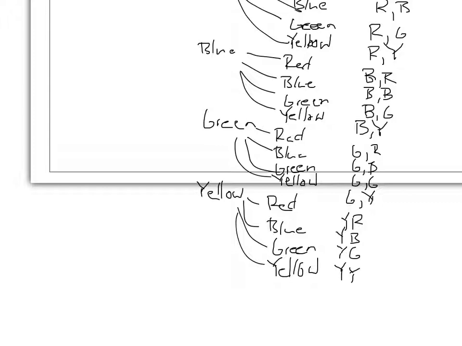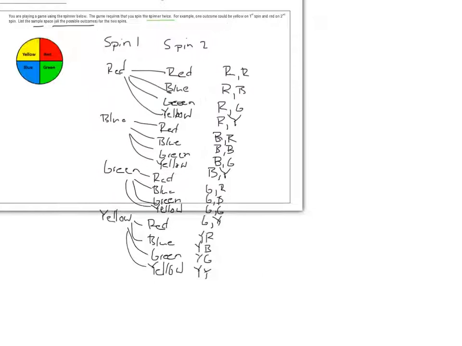So this whole piece over here is our sample space. And there are 16, if we count them, possible outcomes in our sample space.